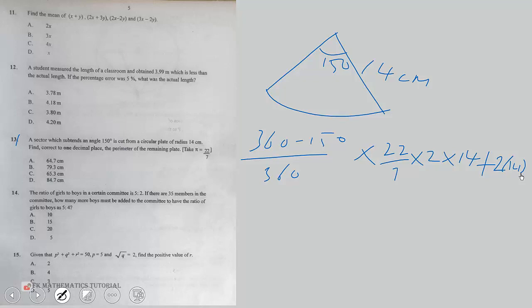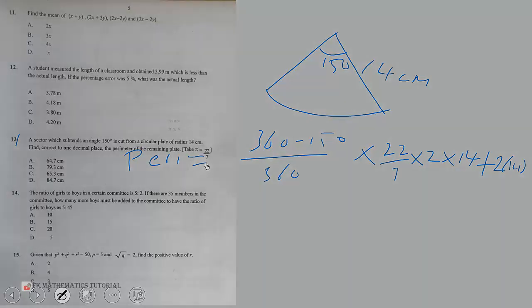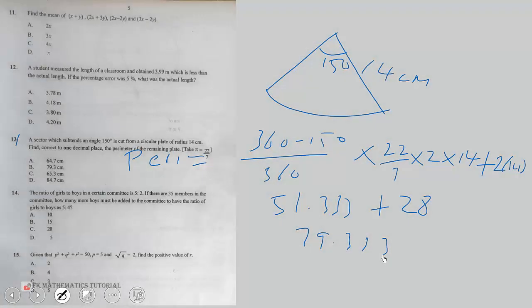That will equal the perimeter of the remaining circle. So this will be equal to 79.3 meters. So the correct answer is B.